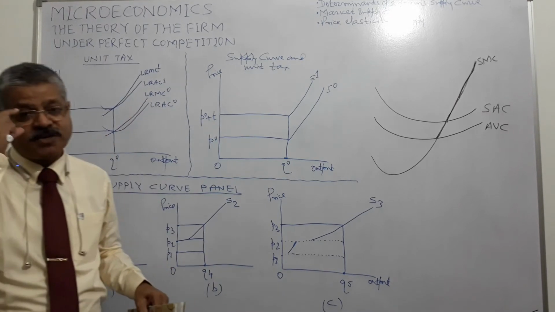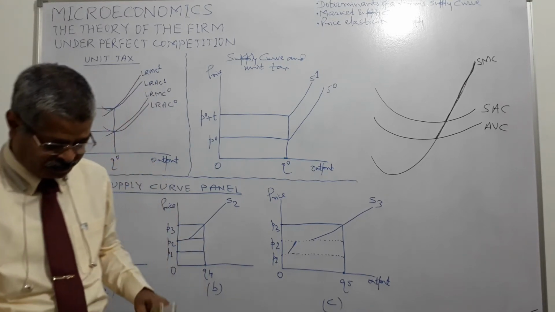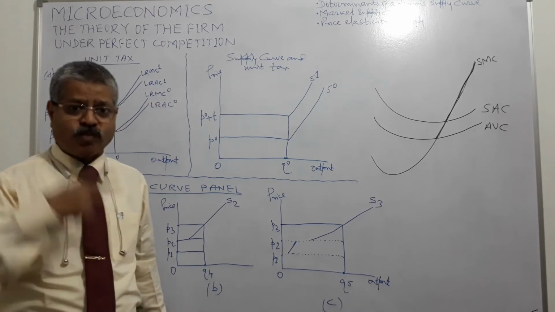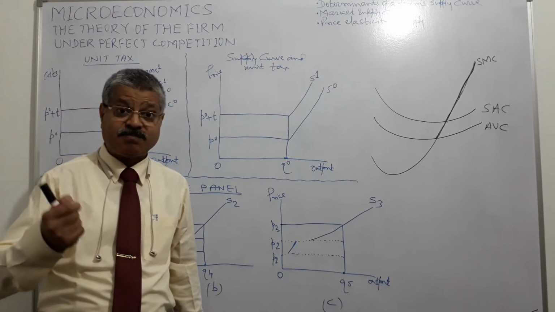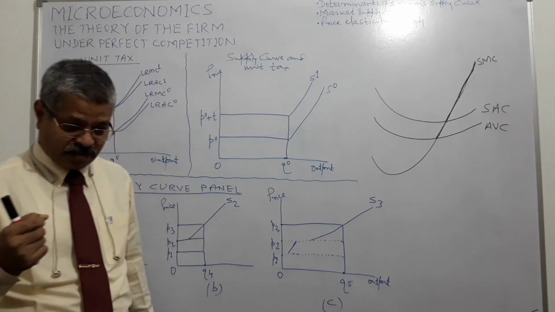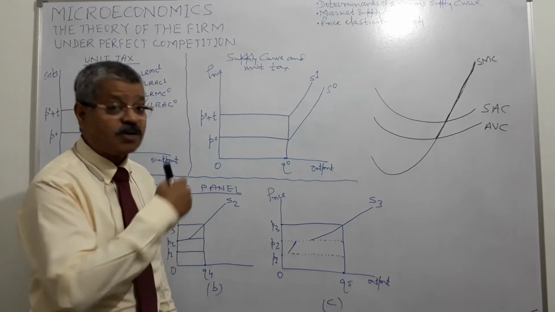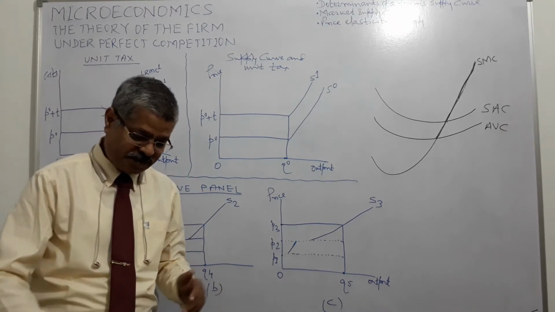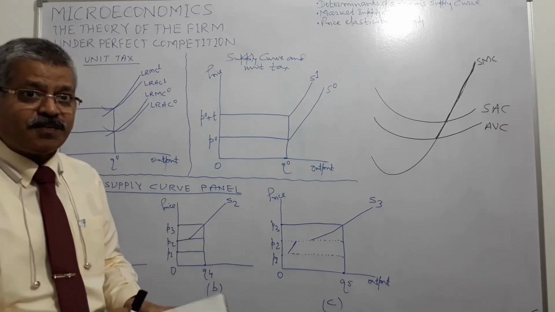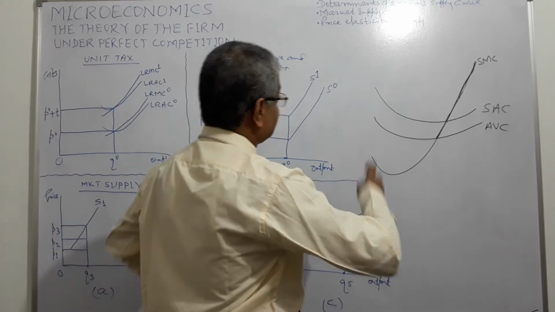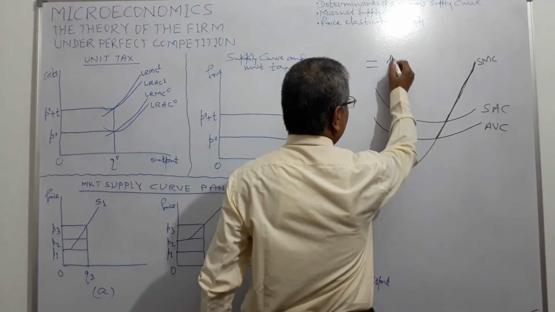Suppose today a firm is using only labor and capital, only two factors of production, and tomorrow or the day after some time, management takes some decisions and some technological improvements are there in the firm's system of production. Then what happens? The firm's output with the same level of inputs will increase. If the input level is retained the same, the output will increase.